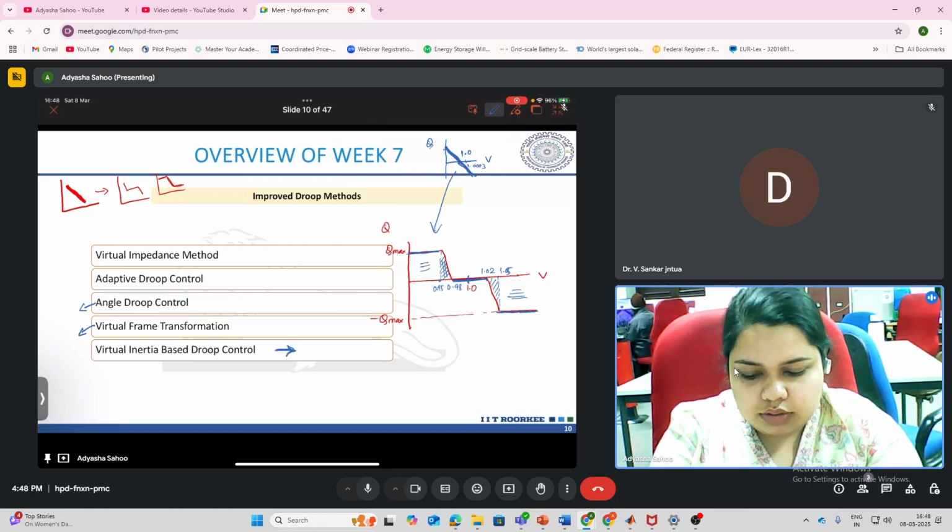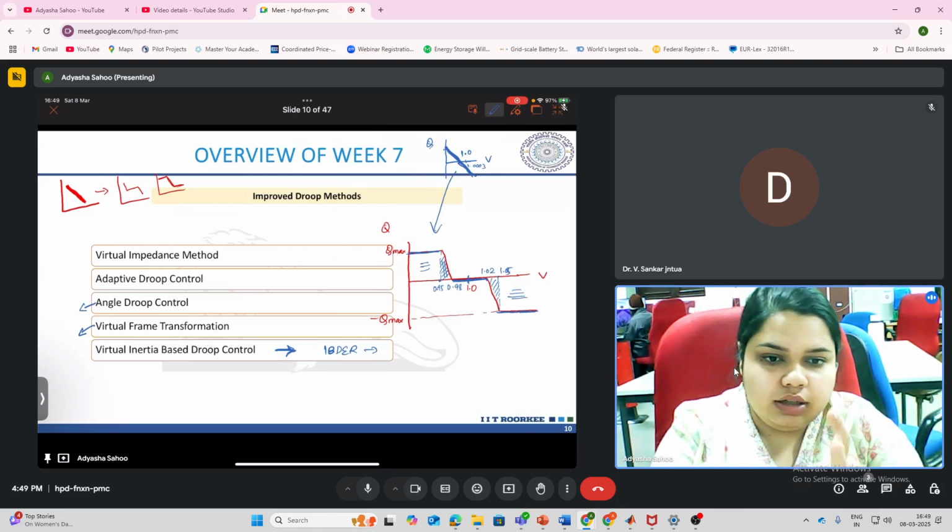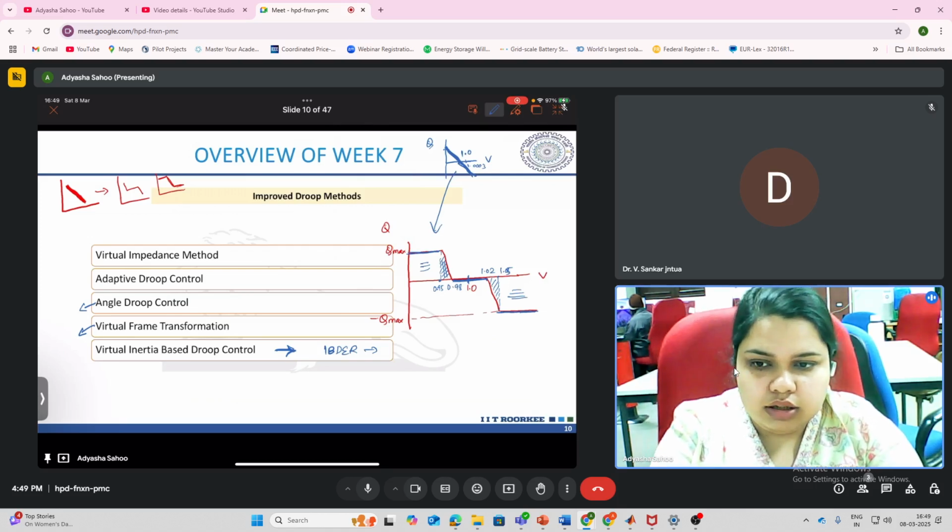Now, what is this virtual inertia? Basically, these inverter-based resources, DERs that we say, do not have enough inertia with them. So what will happen is even with the smallest amount of power fluctuations, the frequency will change drastically because they don't have any inertia with them, unlike our large thermal generators.